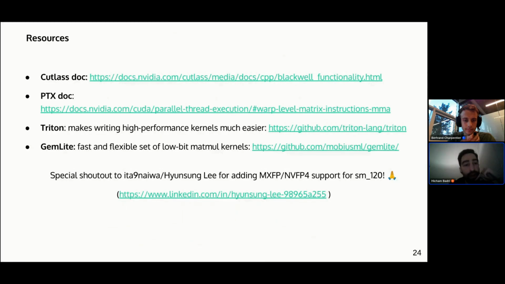I would also like to give a shout out to Hyunsung. He did the integration for MXFP4 support for SM120. It's still work in progress, but that's what I used to do these benchmarks, because without his work, we would not be able to run the benchmarks on the 5090 RTX.